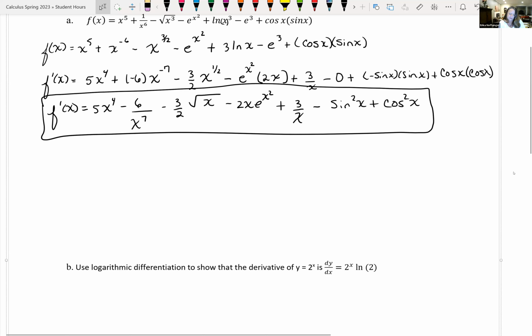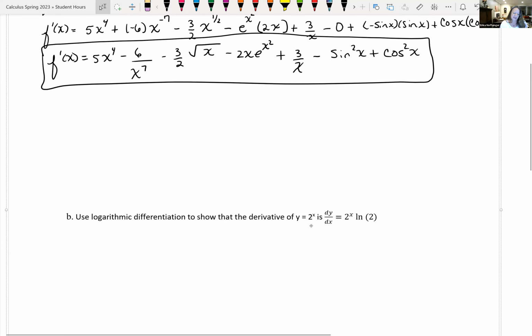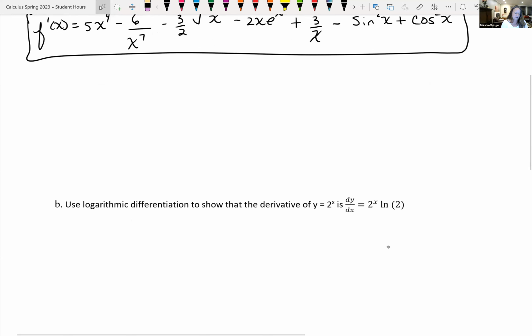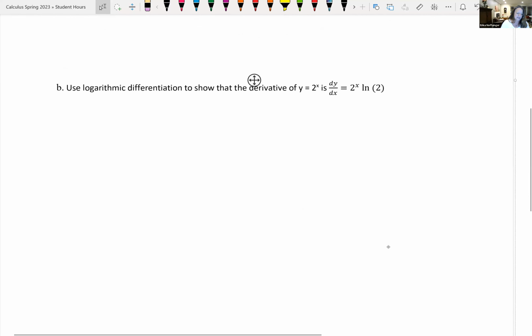Use logarithmic differentiation to show that the derivative of y equals 2 to the x is 2 to the x natural log of 2. Okay, so let's use logarithmic differentiation to show that.